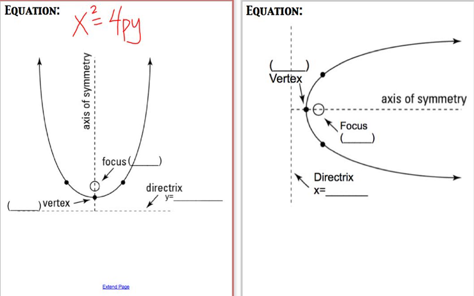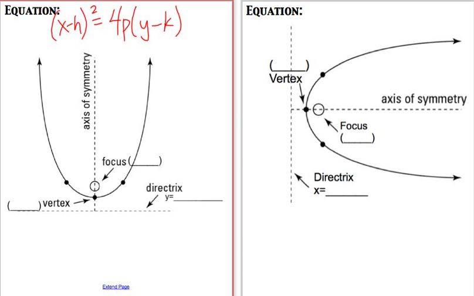But if we have a shift, now we have to shift and adjust our x and our y values. So what we do is we have y minus k and x minus h. So this is a very different form than what you're used to from Algebra 2 and even from earlier this year. But this form just fits with everything we're doing with parabolas, and it matches the definition of a parabola, which is why we're going to use this form.